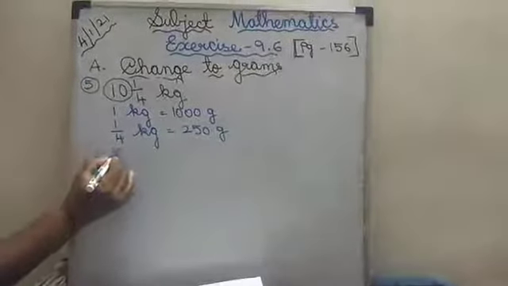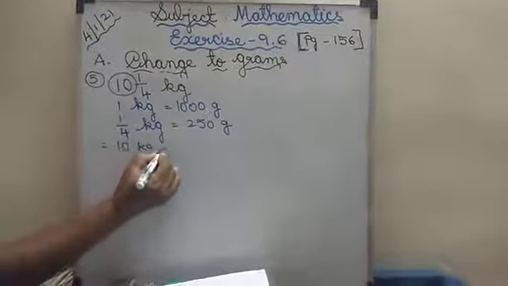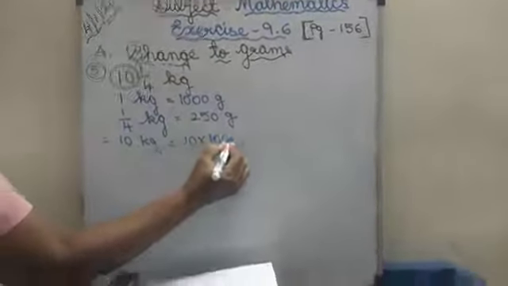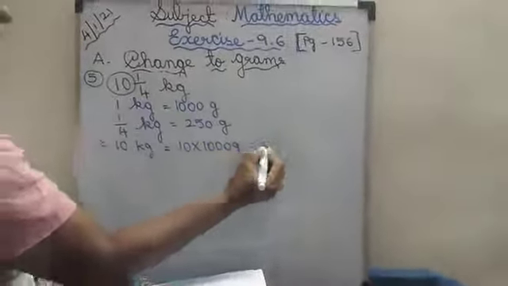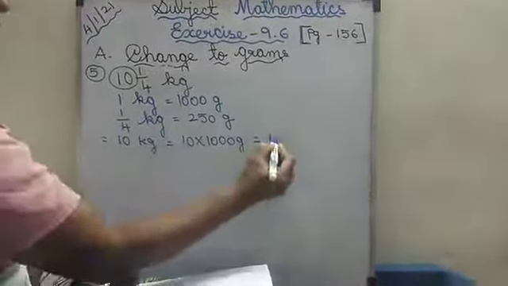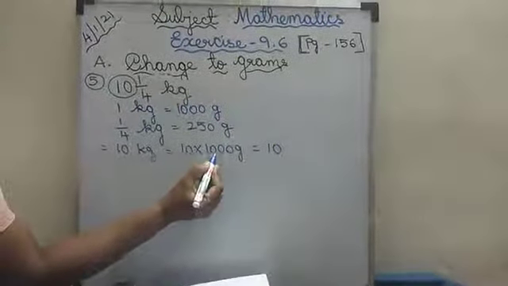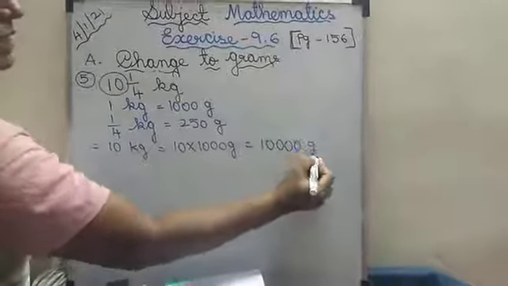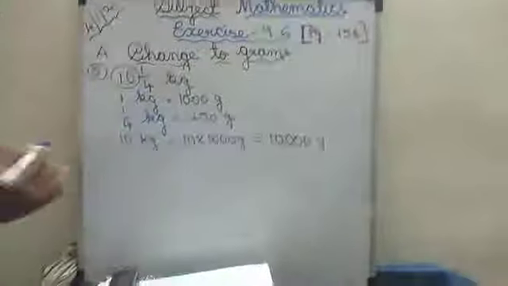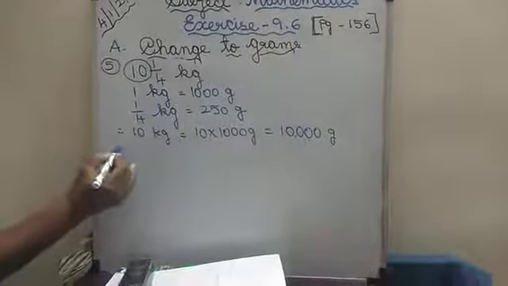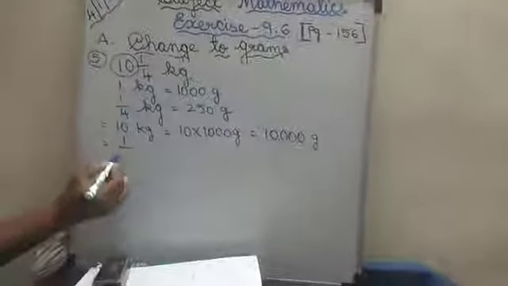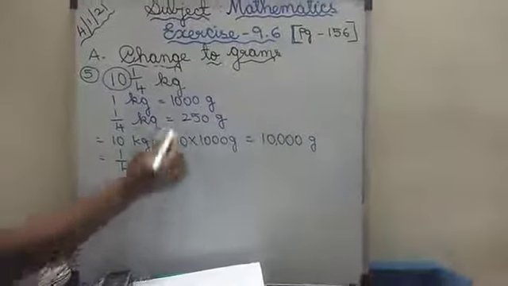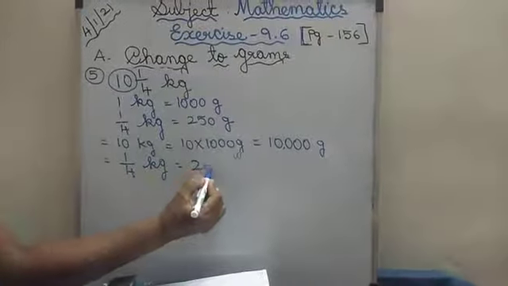So 10 kg is equal to 10 into 1000 gram is equal to what, children? You have to write this 10 as it is, and then you have to add 1, 2, 3 zeros. So the answer is 10,000 gram. And then 1/4 kg. 1/4 kg means 250 gram.